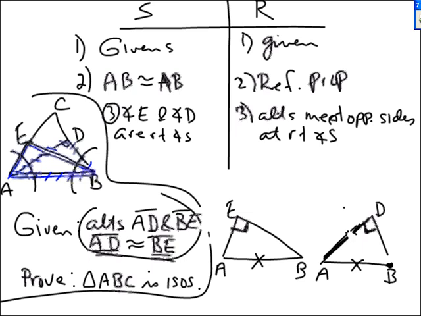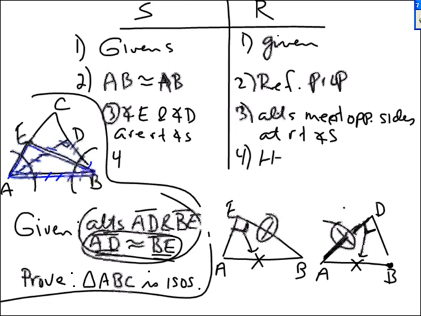And we also said in the givens that AD and BE are equal. They're congruent. But now we have a right triangle, and the hypotenuses are both the same, and we have another leg the same.